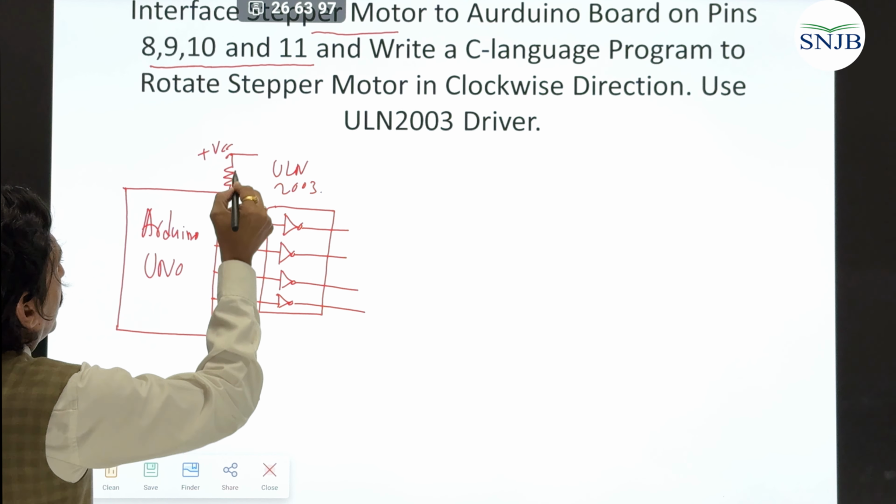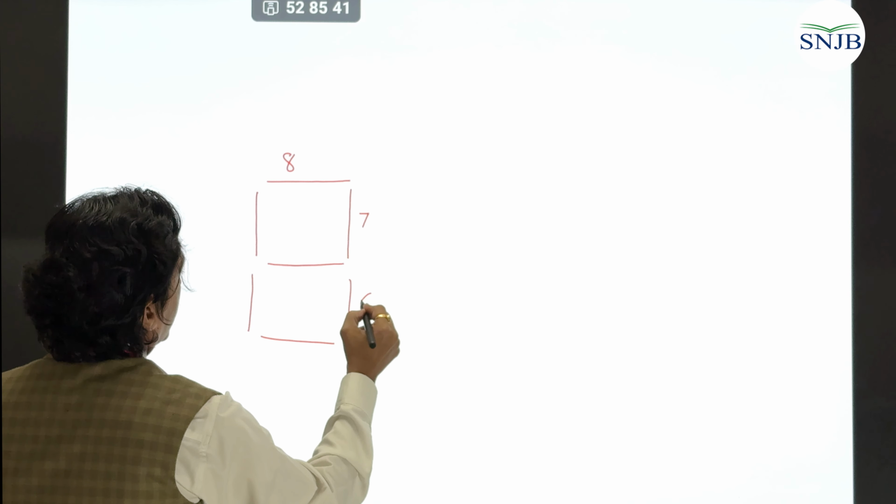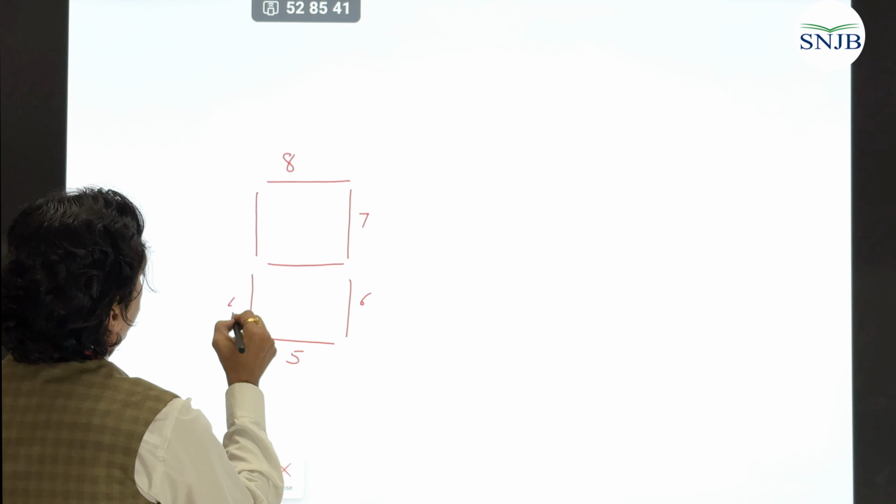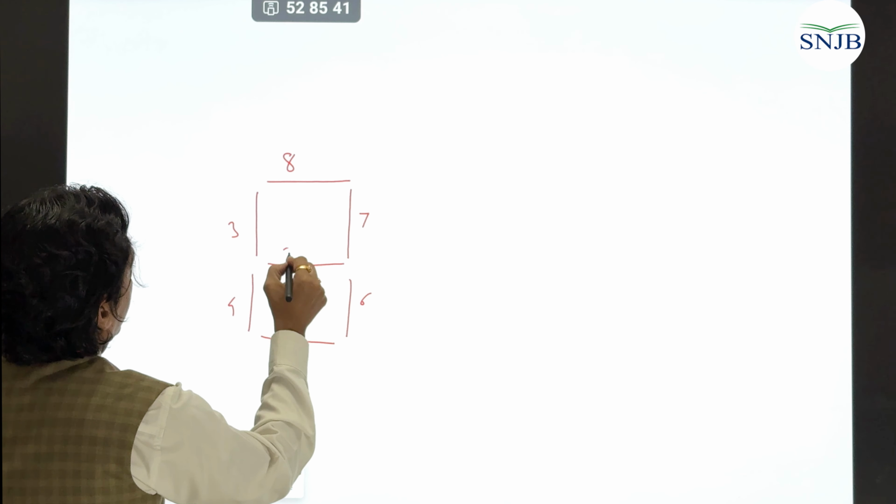8-1 is connected over there. So for example, this is our 7 segment LED. So 8-1, 7th, 6, 5, 4, 3 and 2.